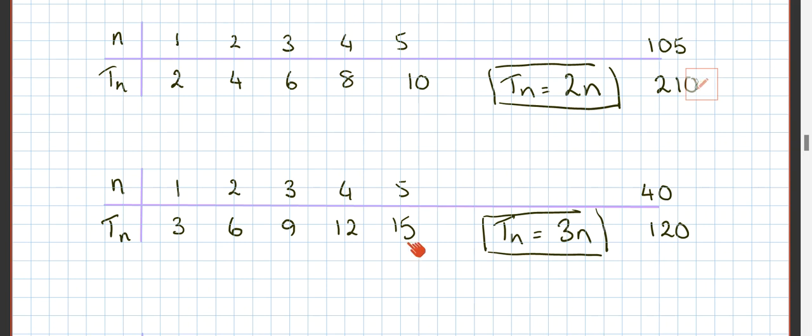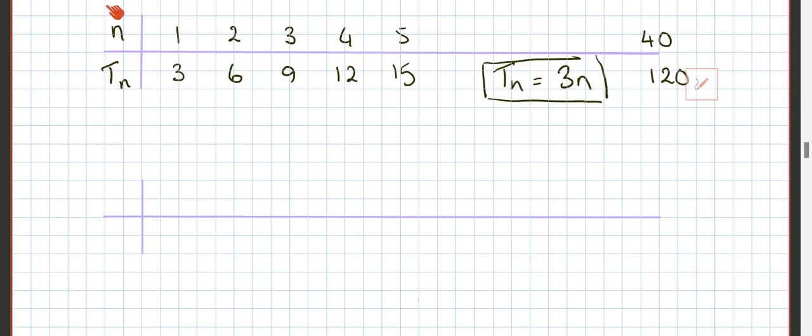Then I'll make myself another table, yeah, one more. n, Tn, 1, 2, 3, 4, 5, 7, 14, 21.